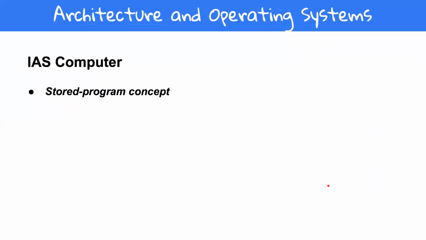So we discussed the stored program concept in Von Neumann architecture or IAS machine. In the ENIAC, the first machine that was developed in 1946, they used wires and vacuum tubes to program. It means that manually they put these logical gates together.